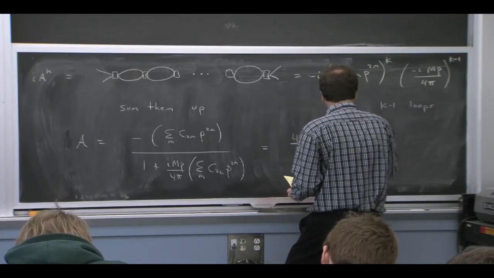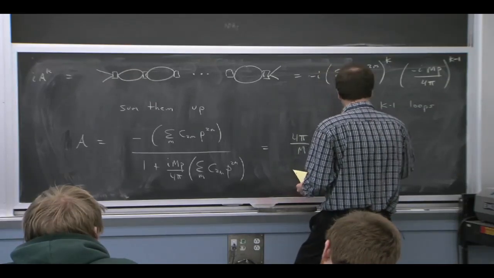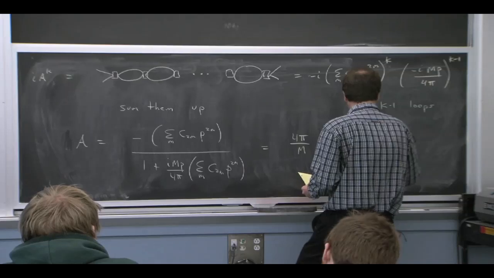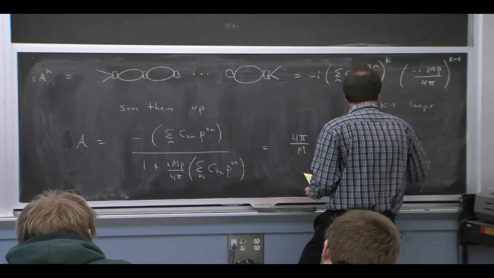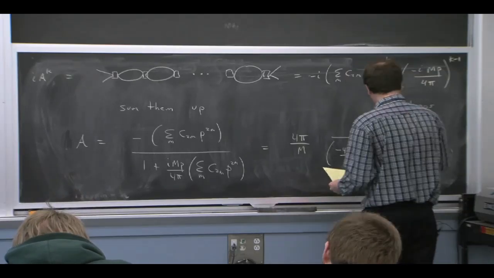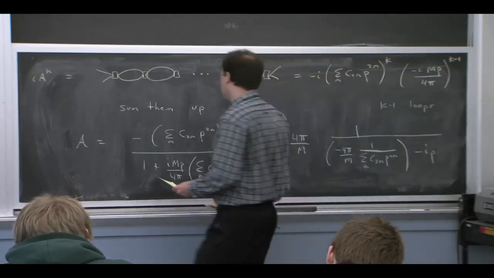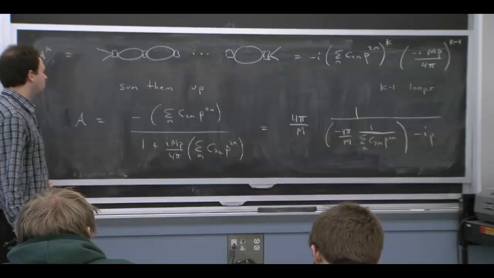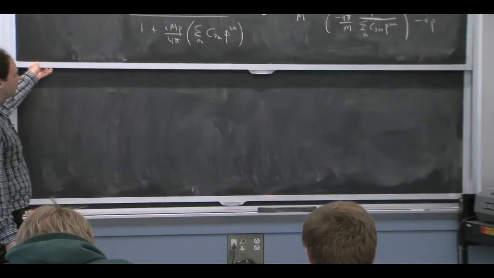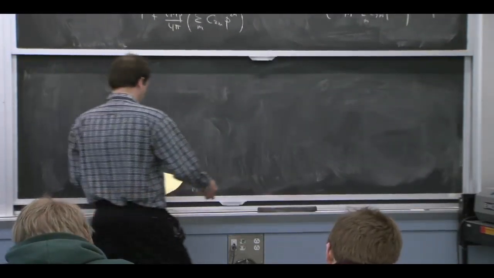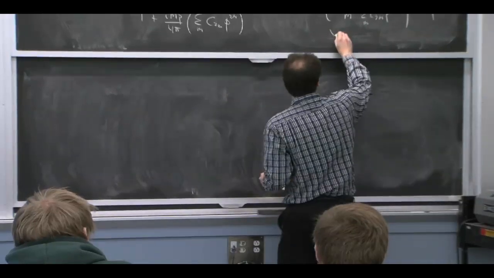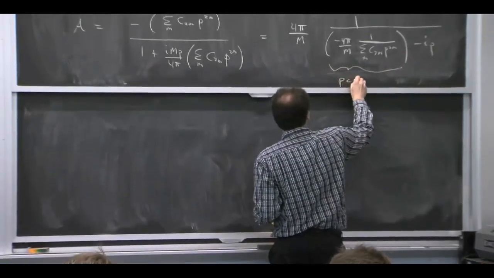Let me write it again. Like this. So dividing out the numerator, rearranging the 4 pi over m's a little bit, I can write it like that. And then we can identify this thing here as p cotangent delta.